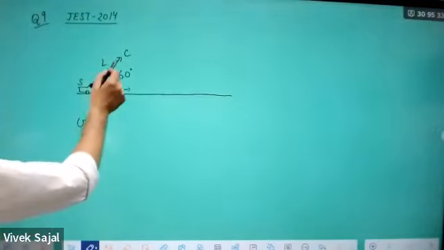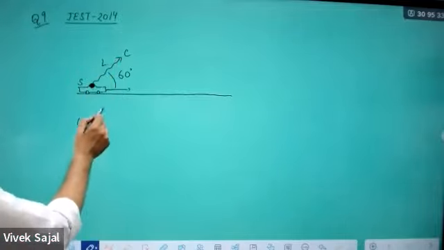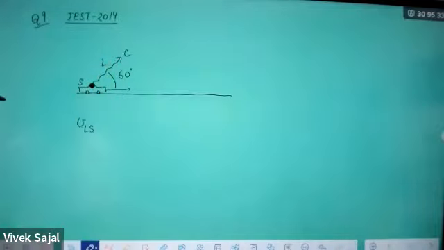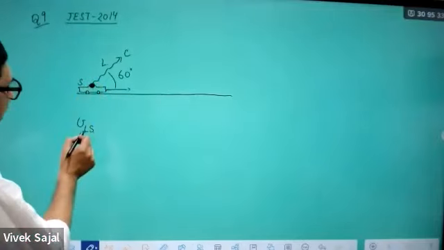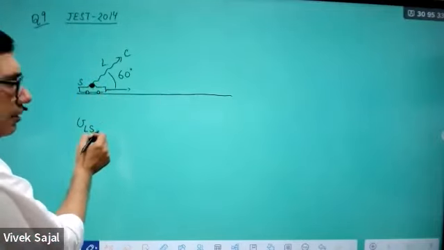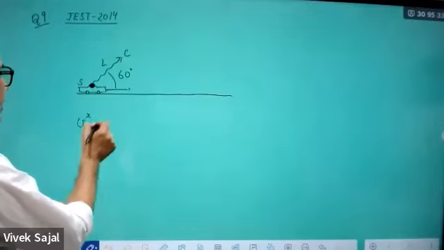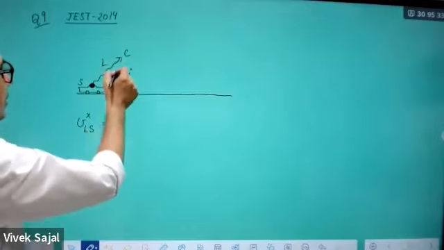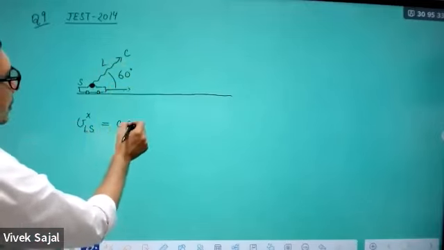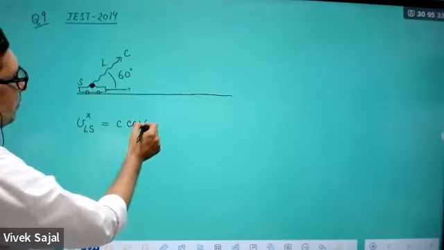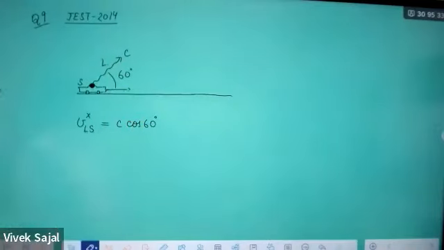Velocity of the light with respect to the source is c, but it is moving in this direction. What will be the component of this velocity of the light with respect to source? If you write its x component, this will be c cos 60 degree with the x-axis in the reference frame of the source.